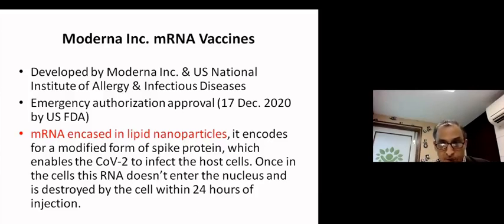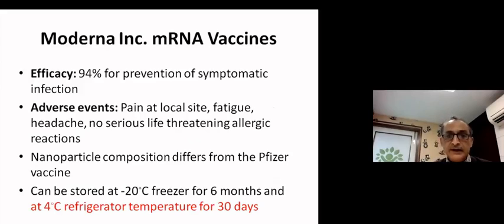They had known about this messenger RNA nanolipid technology, but it had not been used in earlier vaccination strategies. So this is a newer technology for us, but whatever data we have from phase 3 trials is quite promising, and we should be using this vaccine, though it is not available in India as of now.